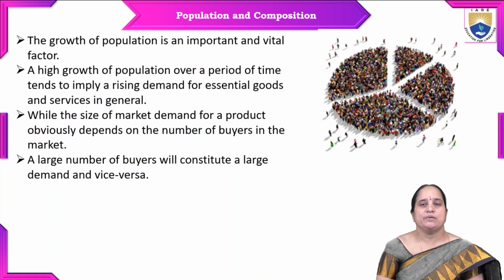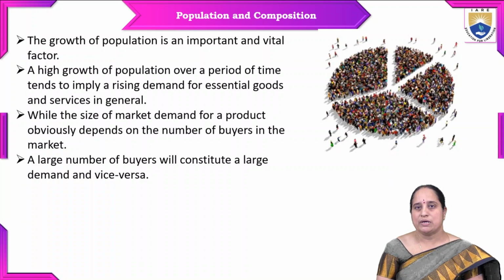The next determinant is population and composition. The growth of population is an important and vital factor in demand analysis. A high growth of population over a period of time tends to imply a rising demand for essential goods and services in general. So it depends on the size of the market.